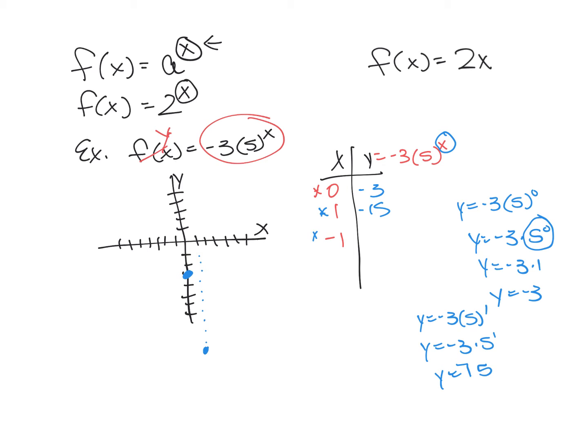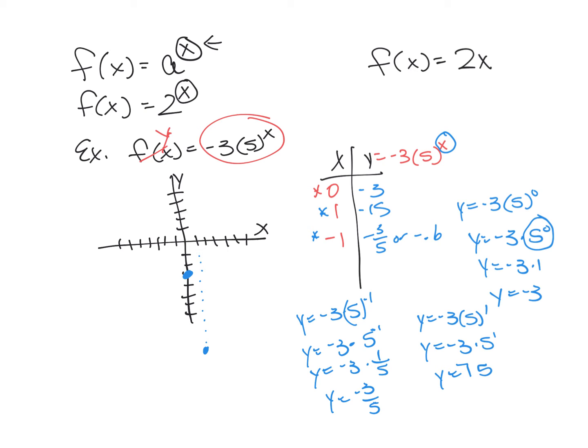And now I'm going to do when x is negative 1. So y equals negative 3 times 5 to the power of negative 1. That negative 1 means that I have to flip, and so we get y equals negative 3/5, or negative 0.6.